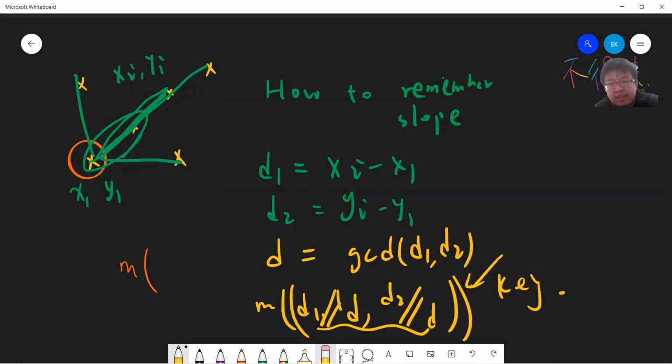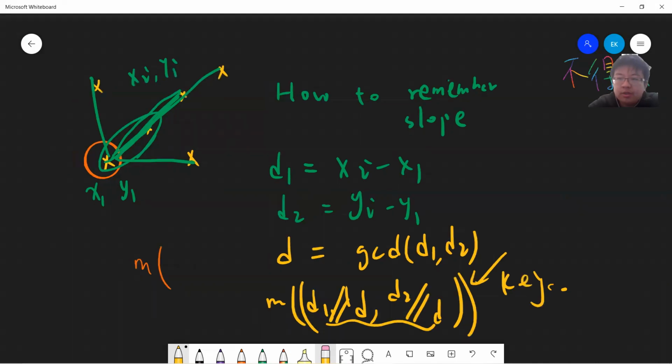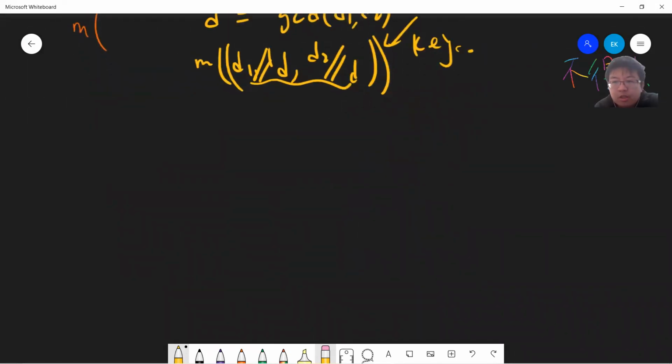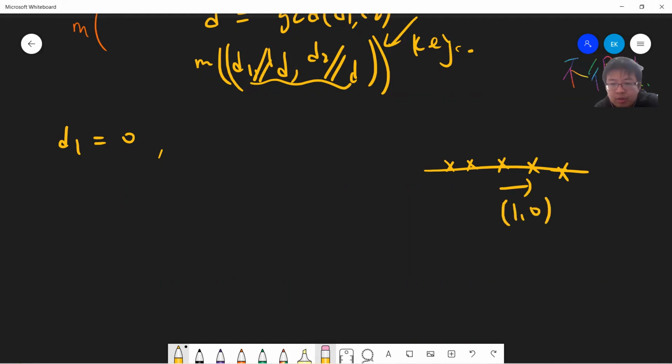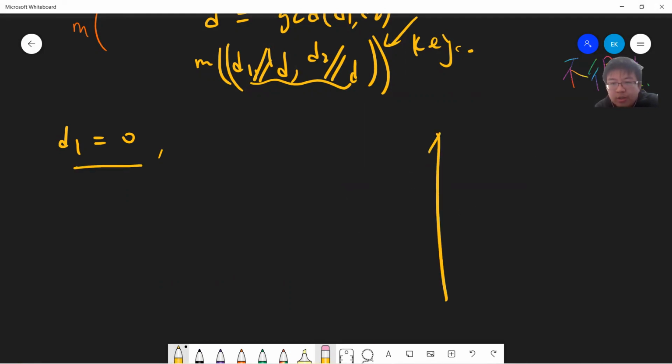Okay. Now this is the answer, but there is a subtlety. So for example, if d1 is 0, that means what? If d1 is 0, that means they are on the straight line, right?